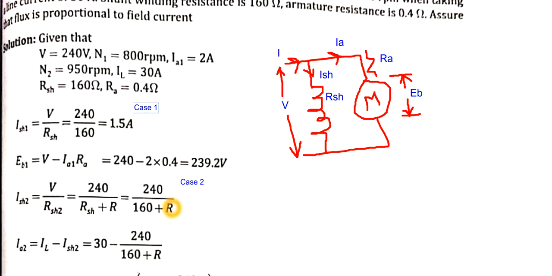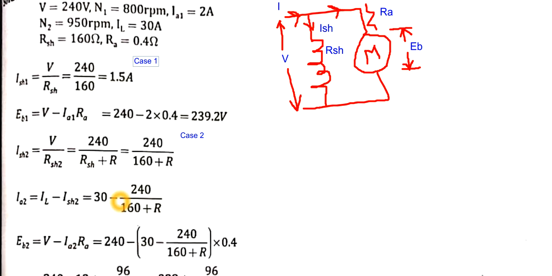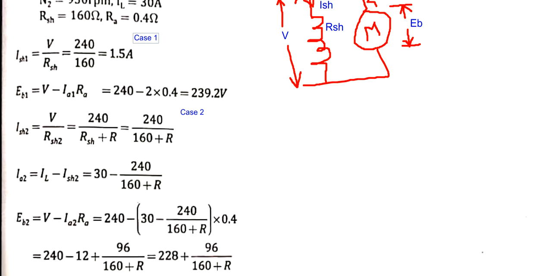In this case you are having the current in terms of the unknown value of resistance R. So for this ISH2, what will be IA2? If you apply nodal analysis here, you will get I is equal to ISH plus IA. So from there you can get IA is equal to I minus ISH. Since it is for case 2, it is IA2 and ISH2, right?